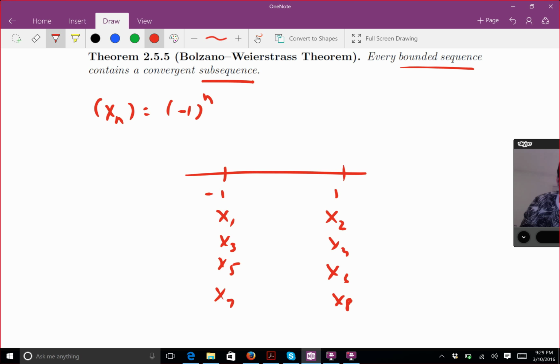The sequence itself doesn't converge. But what I'm going to claim is that there's a sequence within this sequence that does converge. So what this says is that there's a sequence within the sequence that converges. This is what a subsequence is.